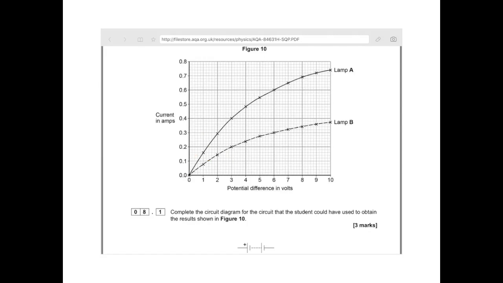And so what you then have to do, I need to turn back to the question. What you then have to do is determine the range of values of potential difference which enable you to say the lamps are obeying Ohm's law. So have a look again at that graph and you'll see that it's between 0 and 2 volts.